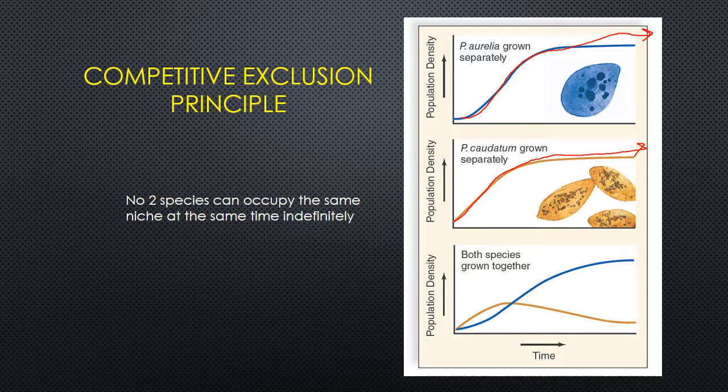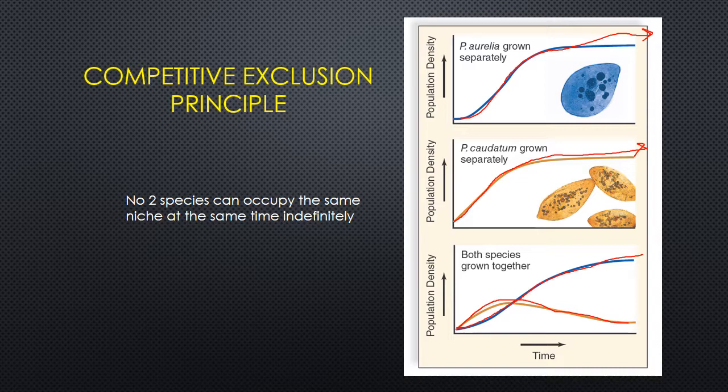the blue species takes off and plateaus, but the yellow species starts to come up and then drops off. So it looks like the blue species must be a better competitor for the same resources. Both species have the fundamental niche of the agar, but it's only a realized niche for the blue species.